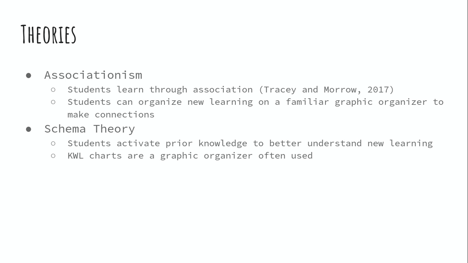So one thing my school does is we have a graphic organizer for fiction texts that goes across the board for K through 6, and we have one for nonfiction texts, and they are modified depending on the age level. I want to talk about that a little bit because I feel like this really follows this theory.